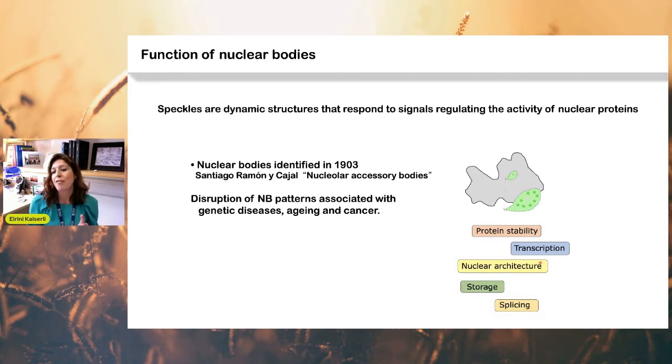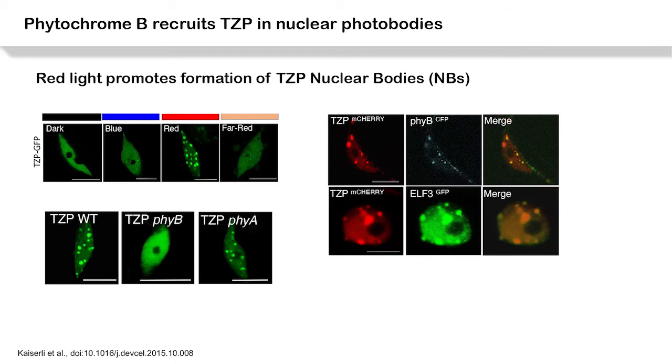So this is a way for the nucleus to compartmentalize specific processes such as transcription, storage, splicing, changes in nuclear architecture, protein activity. Basically there's a collection of proteins or molecules that accumulate in specific domains of specific function.